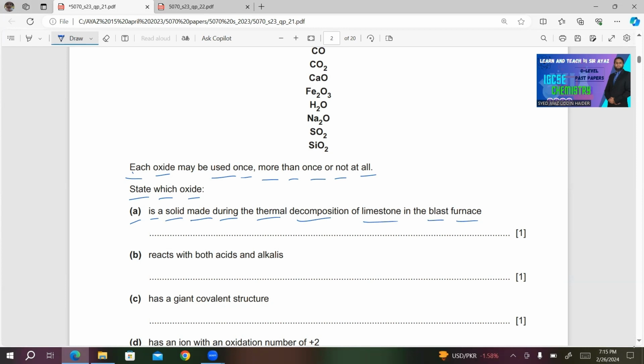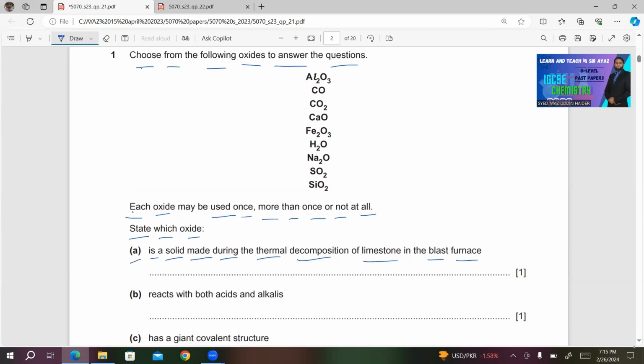In the blast furnace, decomposition of CaCO3 results in the formation of two products. This is a reaction. We'll get CaO plus CO2. So the solid product in this reaction is CaO, so you write CaO for this question.